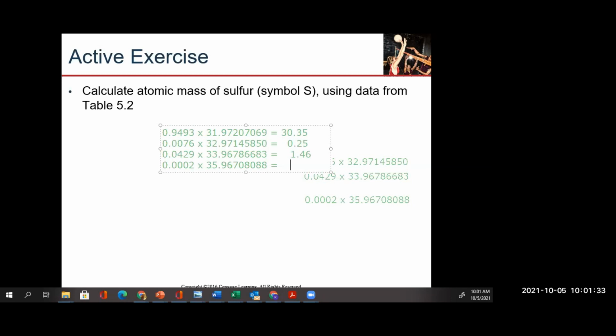Is it just one? That's right, just one. Zero point zero zero 7.